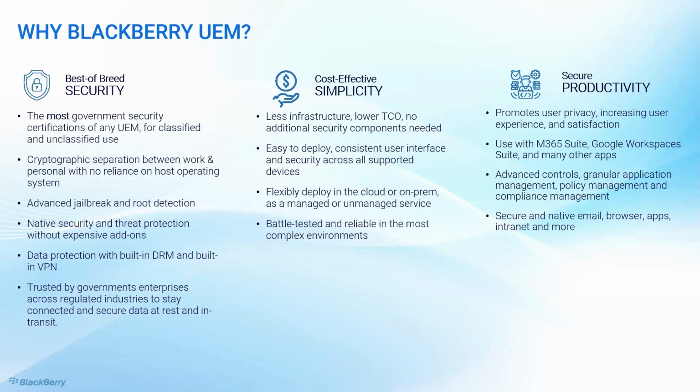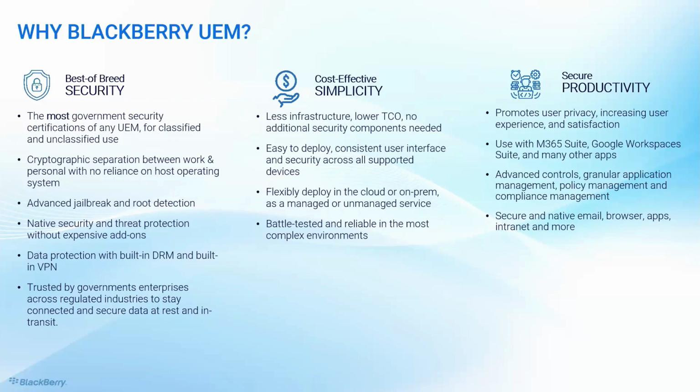So from our perspective, all you need to do is open up a port on a firewall and allow data to transfer back and through the BlackBerry NOC, which comes with its own history and pedigree of really trusted security. What's really cool about that, of course, is the level of technical and security complexity built into there. And it's trusted by governments and enterprises across regulated industries to stay connected.